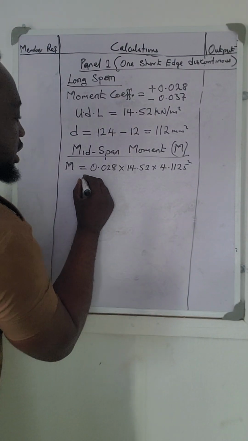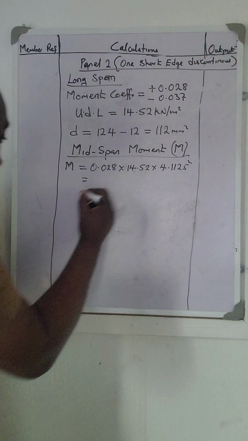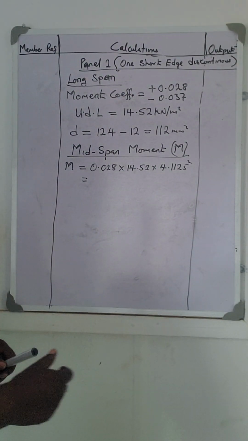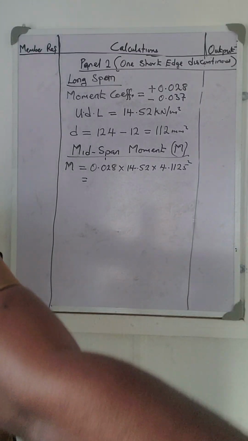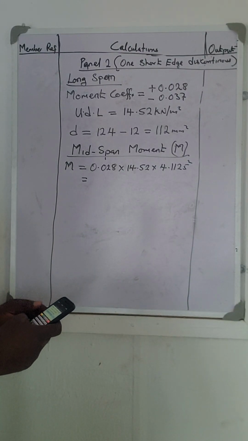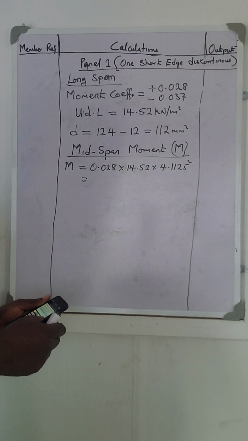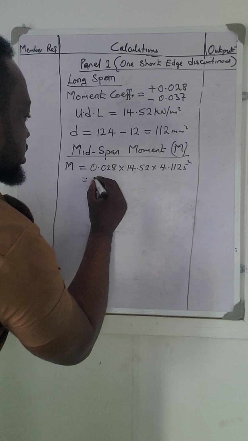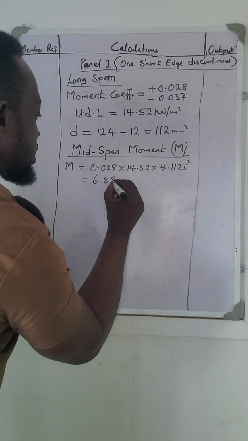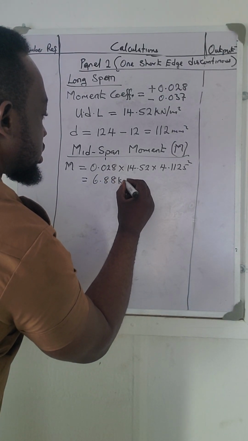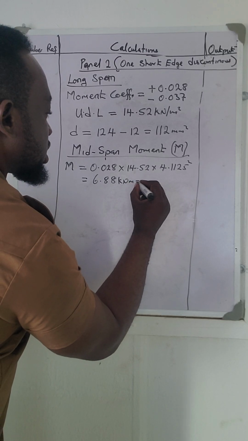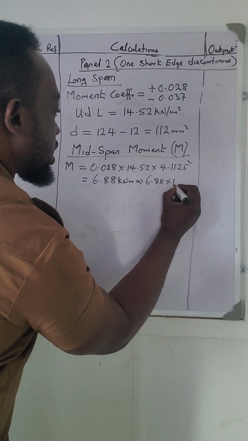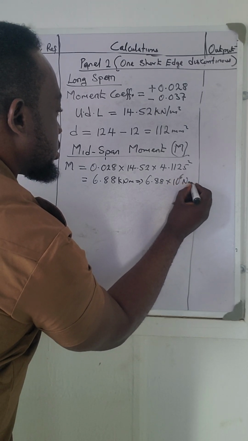So if you compute this, it will give me 6.88 kilonewton meter, which is the same thing as 6.88 exponential 6 Newton millimeters.